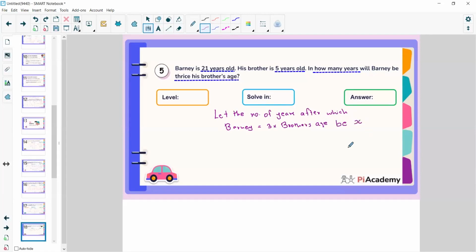Okay, let x be the number of years after which Barney would be 3 times his brother's age. So now let's try to write the equation. First step is assigning, that's done. Okay, again, guys, please pay attention as this is just different from the conventional age problem. That's why I included it in this practice session as well. What will be the age of Barney after x years?